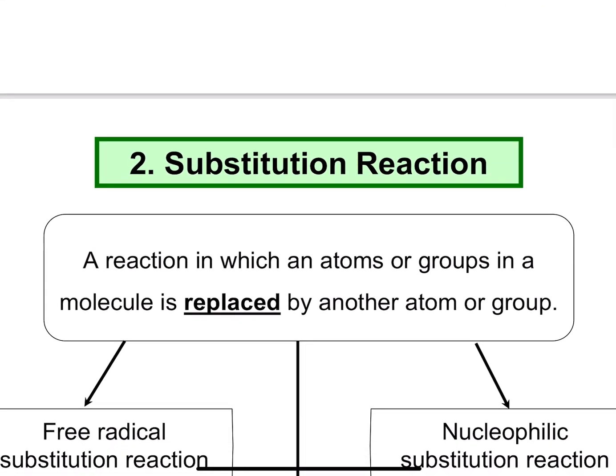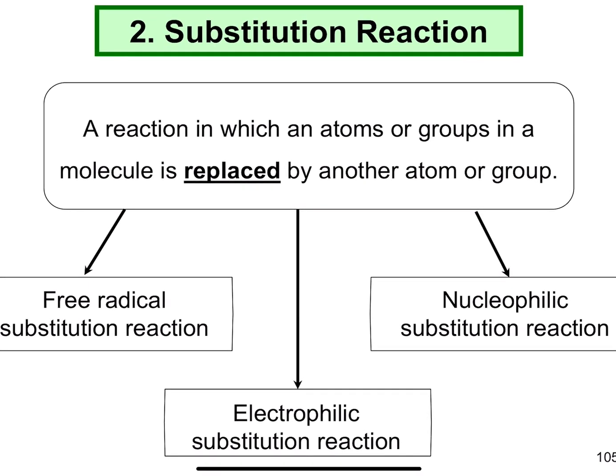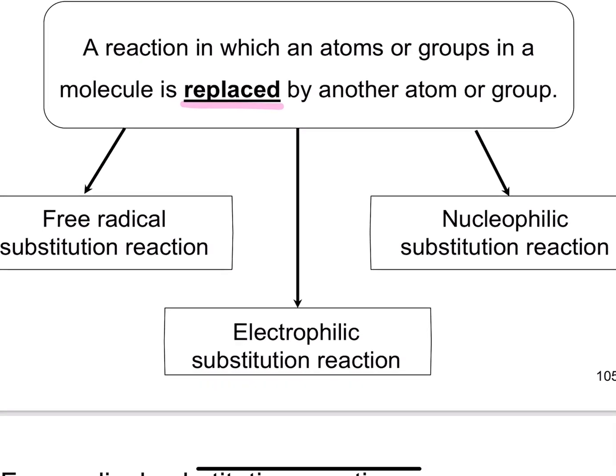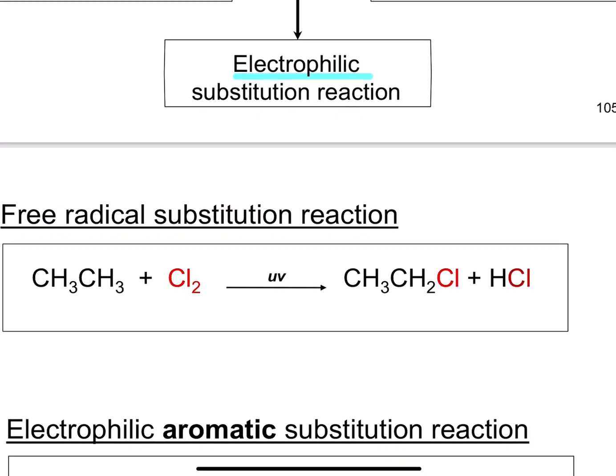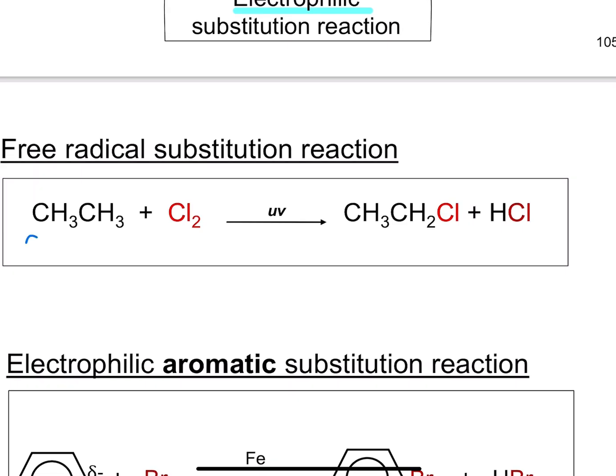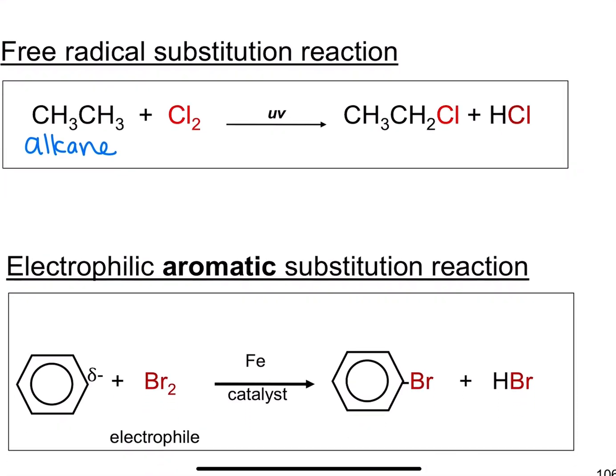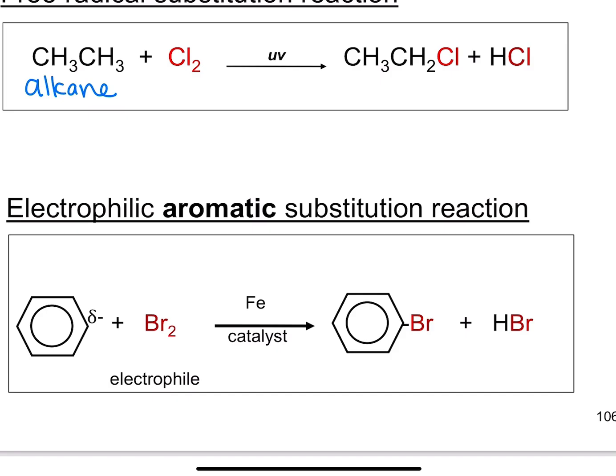Okay. Next, we have substitution reaction. What do we understand about substitution? I think football games also have the term substitution, meaning replacing. There are 3 types of substitution: free radical substitution, nucleophilic substitution, and electrophilic substitution. Free radical substitution happens when you have alkane or alkyl groups. Electrophilic aromatic substitution happens to benzene or the aromatic family.